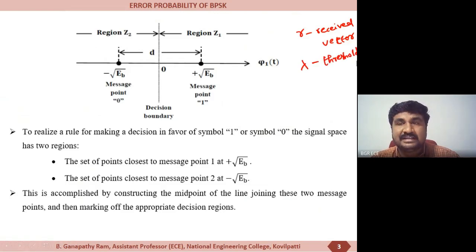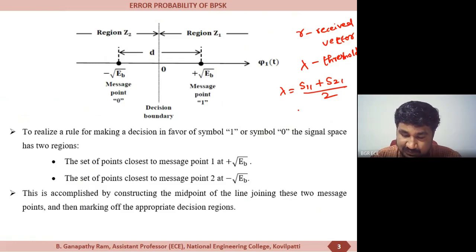It is compared with R. And lambda is chosen in such a way that S11 plus S21 divided by 2, that is the average of all the message points. So, S11 plus S21 divided by 2, that is plus square root of EB minus square root of EB by 2, will be equal to 0. So, lambda is equal to 0.